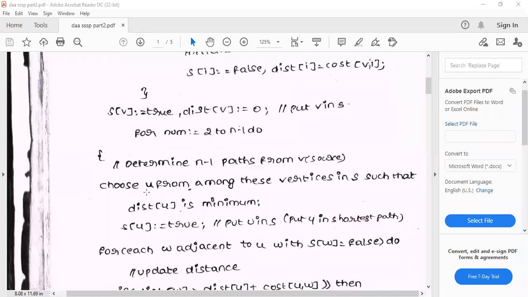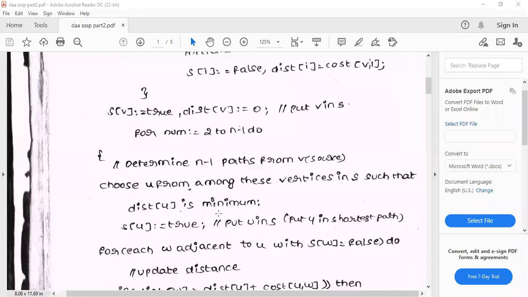Next, choose u from among those vertices not in S such that distance u is minimum. Not in S means the vertices not in the path, those vertices where S is false.